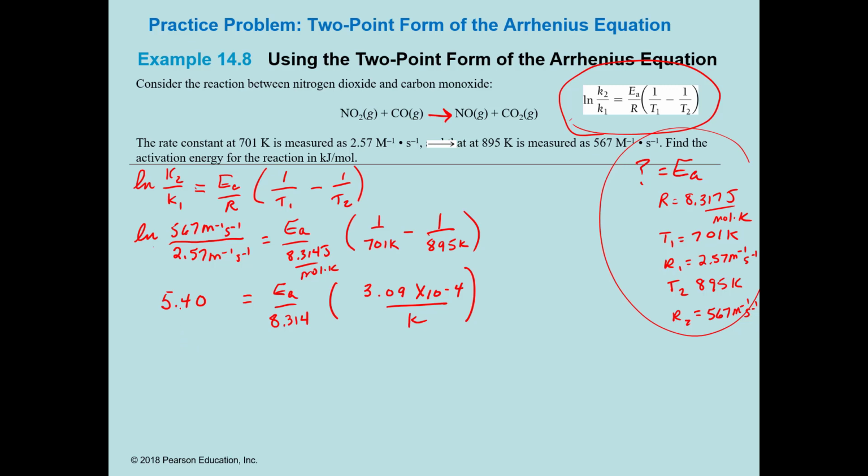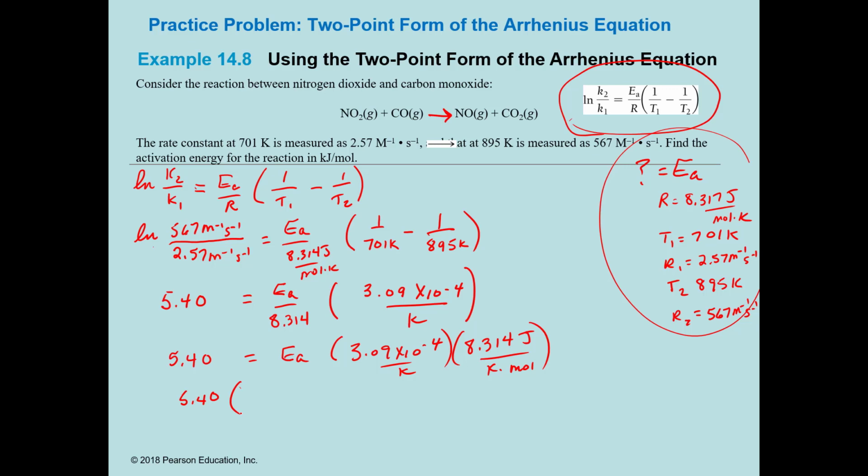So I'll write this intermediate step for you: E sub A times 3.09 times 10 to the minus 4 over K times 8.314 joules over K mole, and then 5.40. Now I'm going to bring them over.